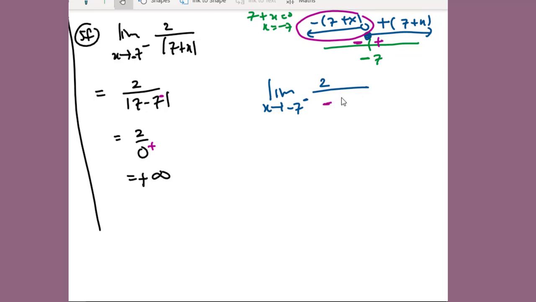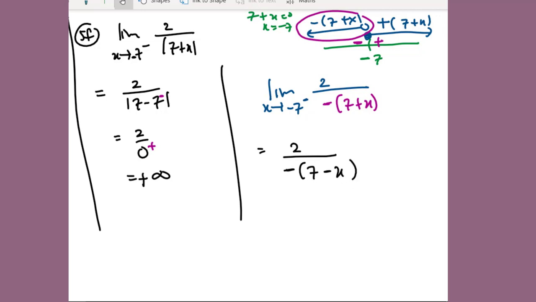The absolute value changes to negative 7 plus x. Then substitute the value: 2 over negative 7 minus x, 7 minus 7 from left.